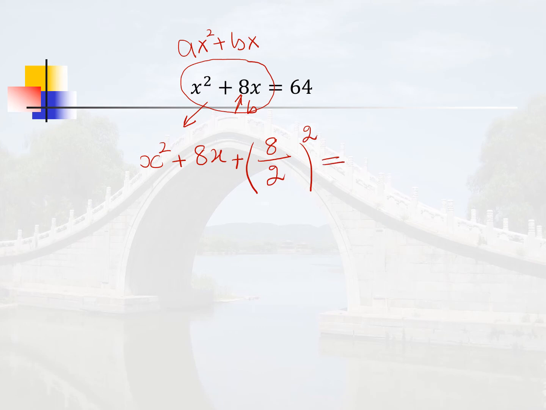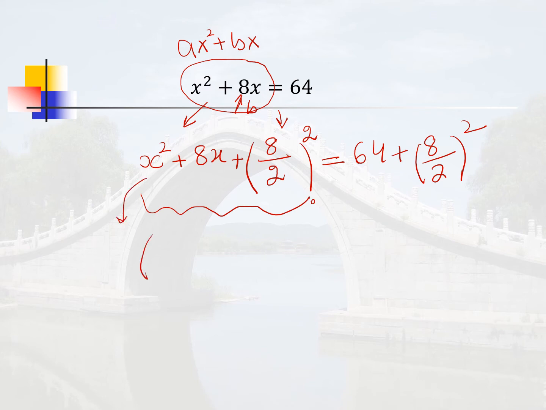In order to balance the equation, here 64 is already written on the right hand side. The operation you are doing on the left hand side, you must repeat it on the right hand side. Now after that, write it in the form of a perfect square. For the perfect square, we write first of all the square root of the first term, that is x.